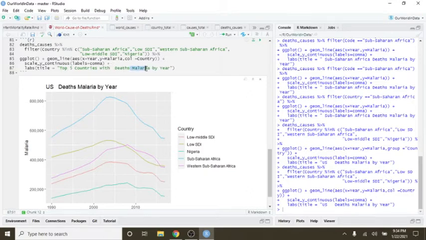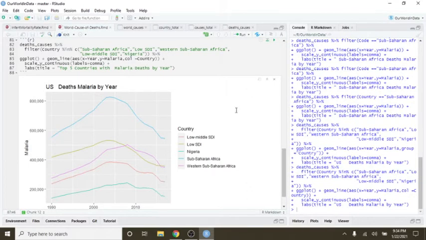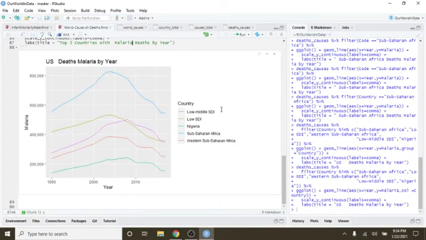Okay. So now we got malaria deaths in a year, and you can see these are the countries with the most malaria deaths. 1, 2, 3, 4, 5.